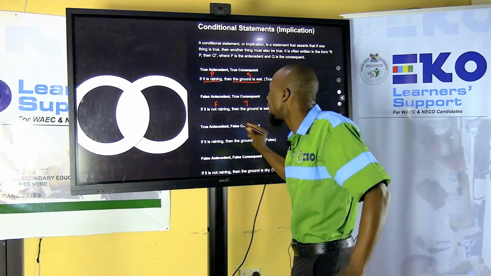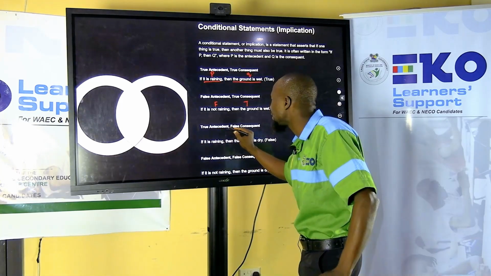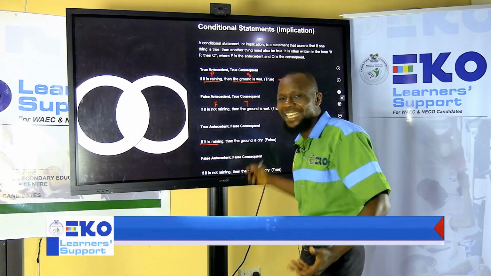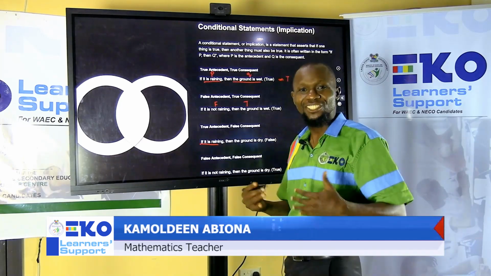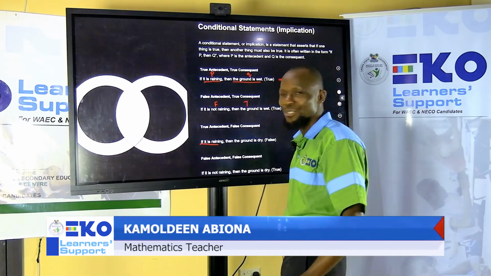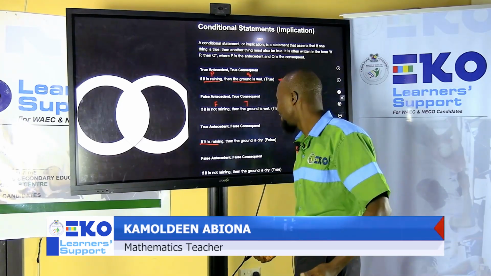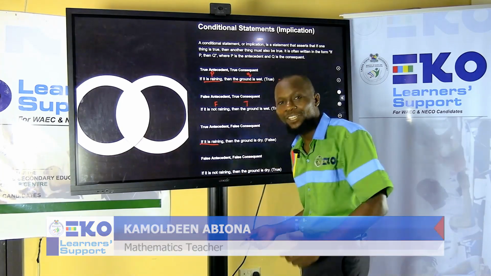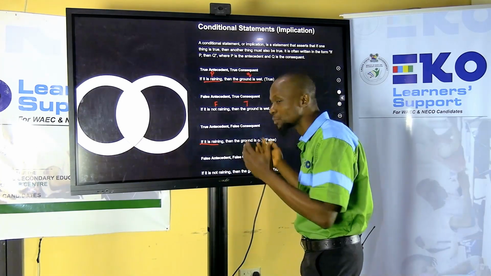Yes. Now look at the next one. The antecedent is true: it is raining. But then the ground is dry. Is it possible? No, it's not possible. When it is raining, the ground cannot be dry. It must be wet.